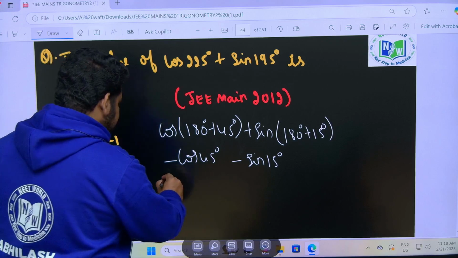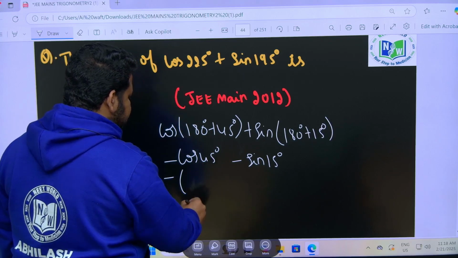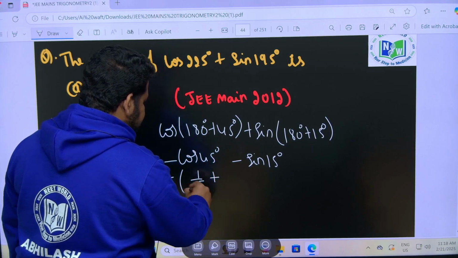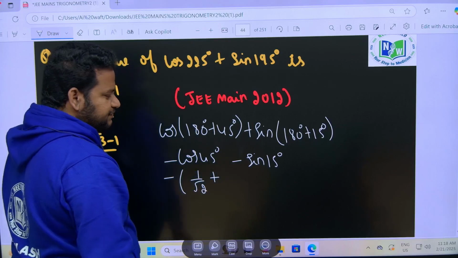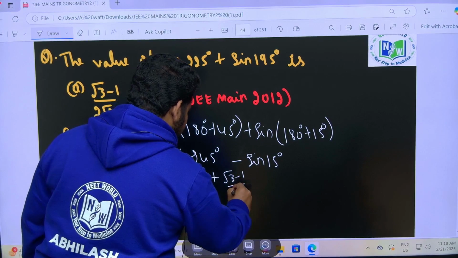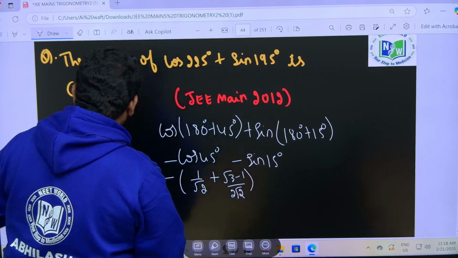So I will take minus outside. This will be what? Cos 45 is 1 by root 2, plus, if I take minus outside, sin 15 degree is root 3 minus 1 by 2 root 2.